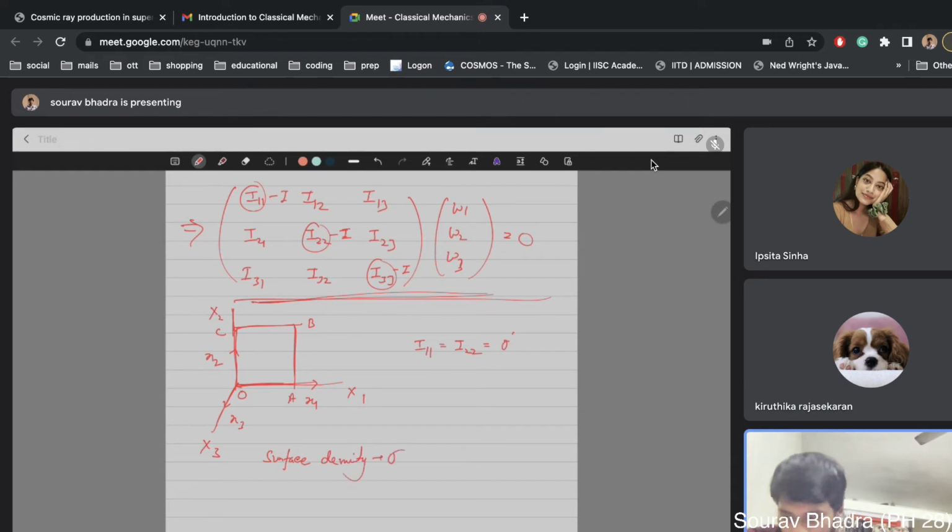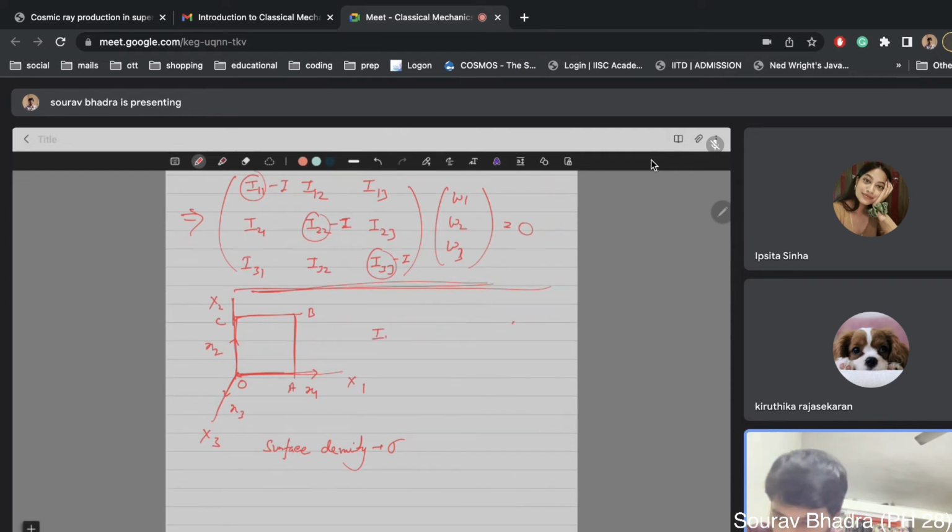So I11 is the integral of sigma x2 square dx2 dx1, from 0 to a, because I have taken this as a square of side a, where a is the size of the arm.